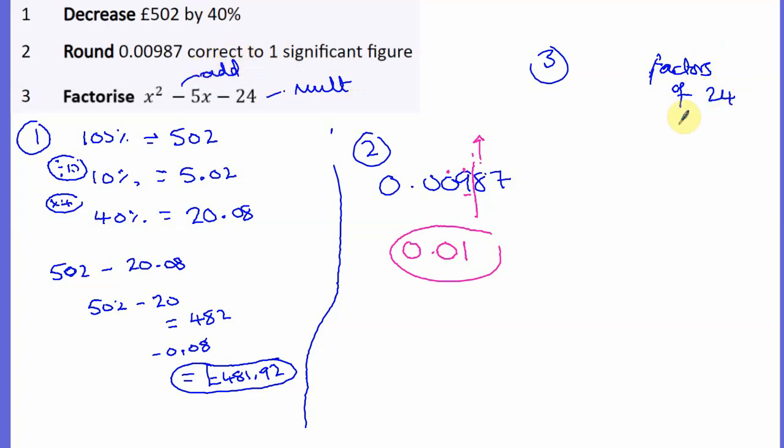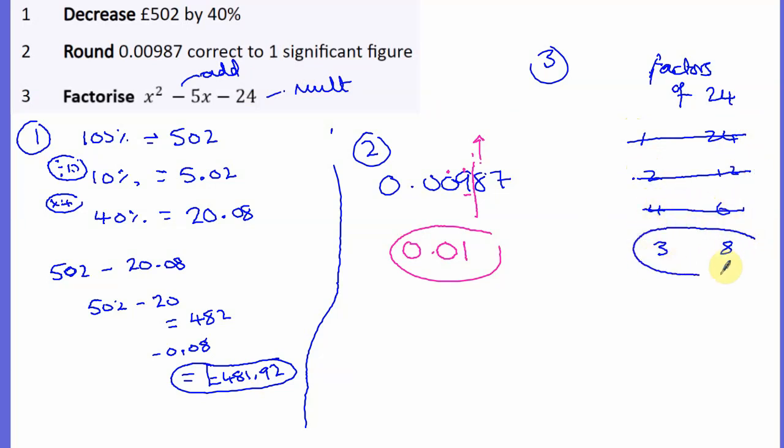So our factors of 24 are going to be 1 and 24, 2 and 12, 4 and 6, 3 and 8. Making minus 5, these aren't going to be any help. These aren't going to be any help. These will be making 2s and 10s. These are the numbers that are going to make 5s and 11s, and we want minus 5 in there.